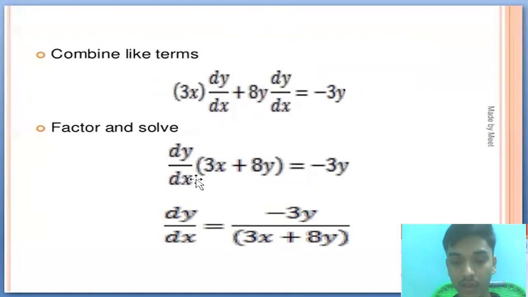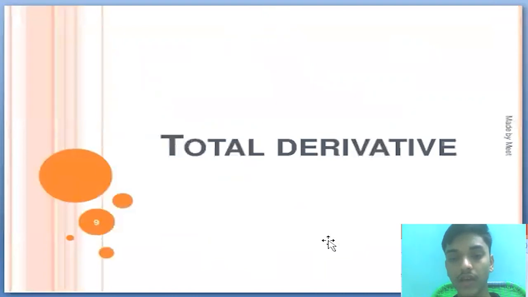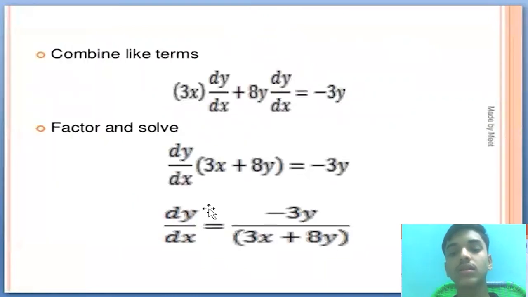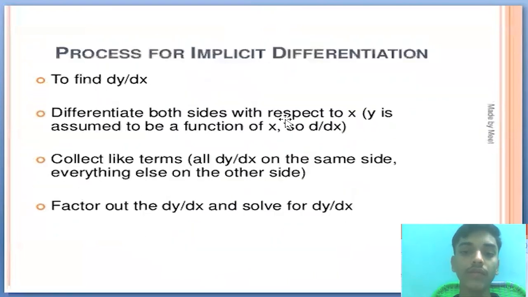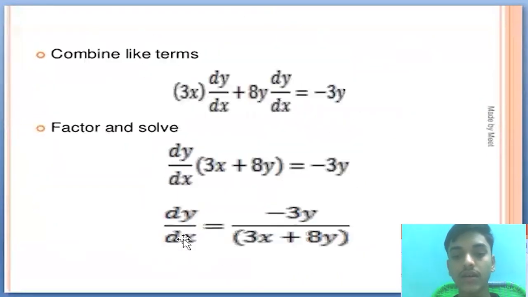We get an equation, then we send it down, and dy by dx we got is minus 3y by 3x plus 8y. So this is the implicit function with respect to dy by dx, and this is the process of implicit differentiation.